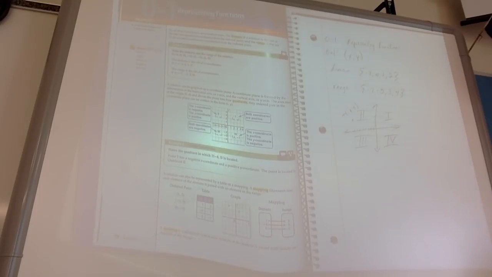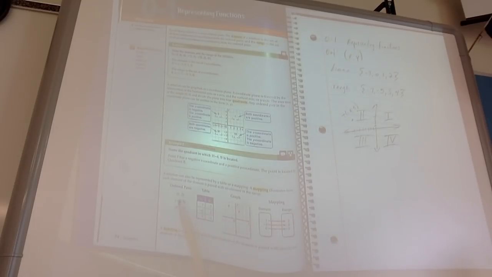Underneath example 2, it starts showing how we put relations together. In math, relations are just numbers that have something that they share. In this instance, we're dealing with ordered pairs. And so when you get an ordered pair coming down here, there are really 4 ways that we look at this. We group them together by ordered pair. We can put them in an XY table.